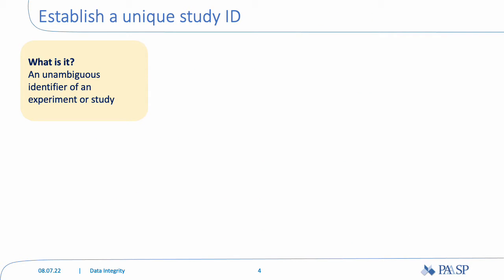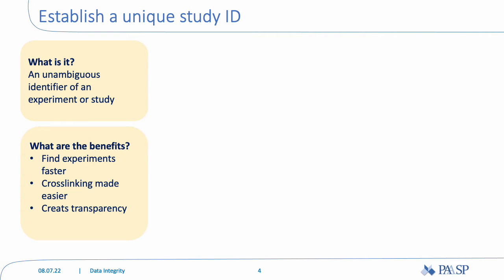Establishing a unique study or experimental ID is a very useful asset for any lab. So what is it? It's an identifier for each experiment or study to unambiguously identify it.